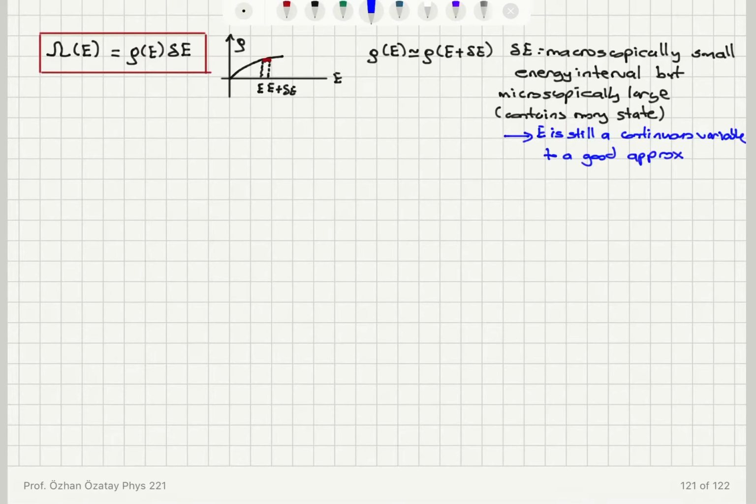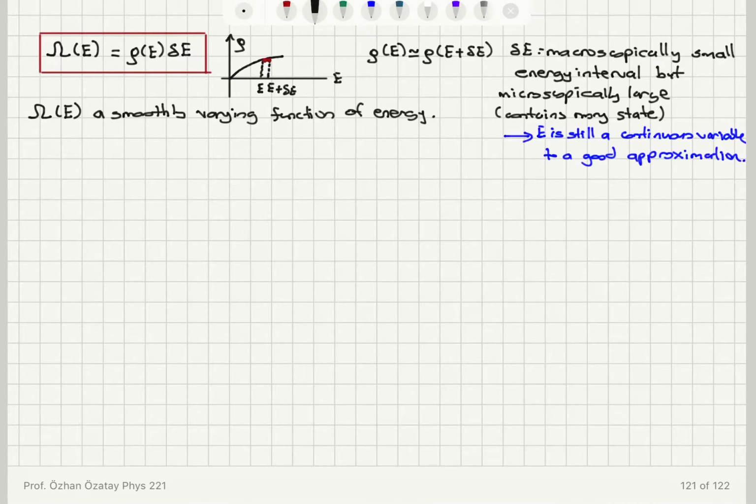So that's what we're trying to achieve by picking a macroscopically small but microscopically large energy interval. So we basically have the number of states accessible to the system in the energy range E to E plus delta E, omega, a smoothly varying function of energy. So that's what we achieve by doing so.